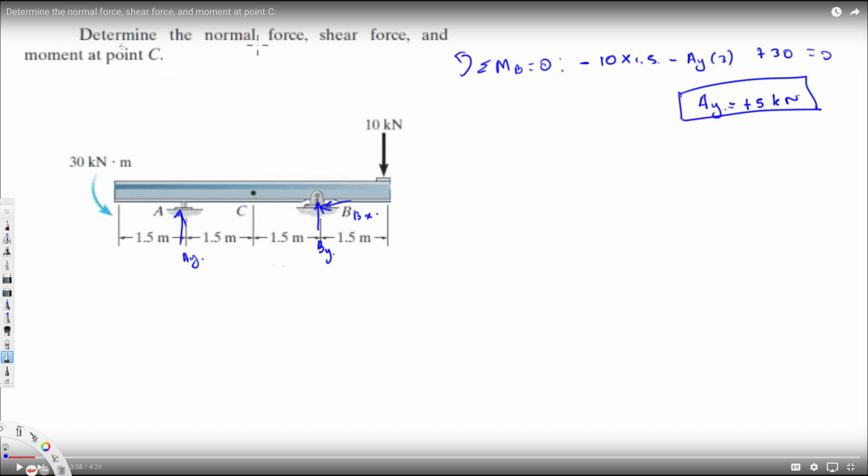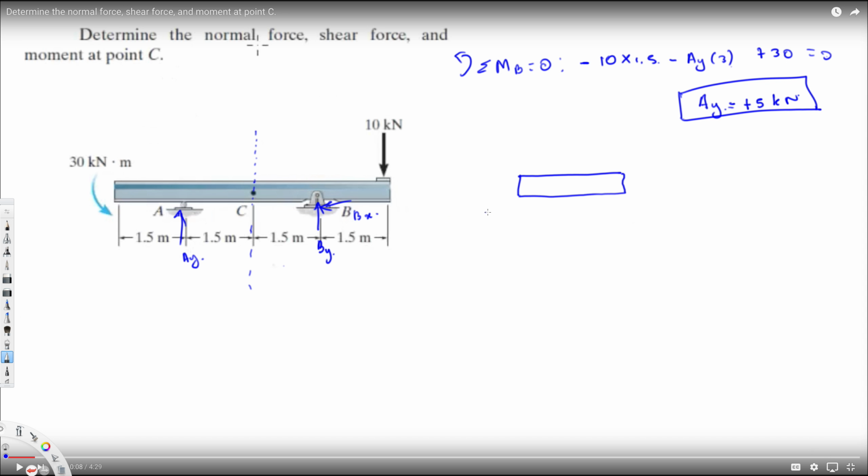The main question is to determine the normal force, shear force, and the moment at point C. Since we have found Ay already, we can cut this part in half and draw this part separately. It's going to be something like this.